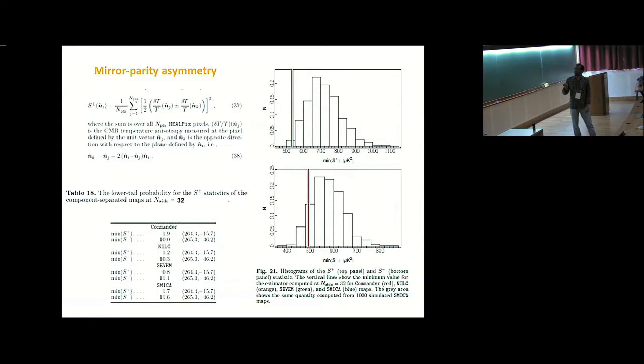Then you can define the excess mirror parity, maximum mirror parity, minimum mirror parity, maximum odd parity. It was found that the odd mirror parity is anomalous at the level of 1 to 2 percent; the p-values are given here, depending on the cleaning procedure used, and I will show the directions eventually. There is a preference for odd mirror parity in the data compared to even mirror parity. The even mirror parity is inconsistent with the expectations, but you can see that the odd mirror parity is at the lower tail.